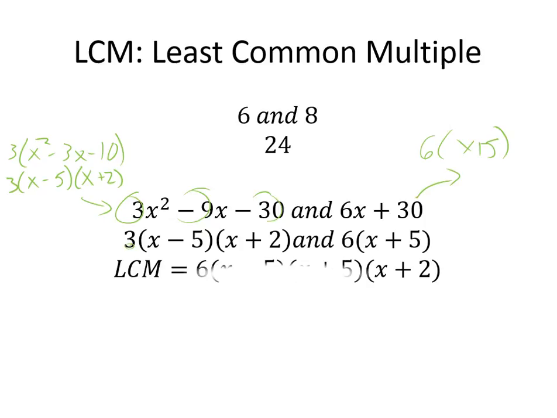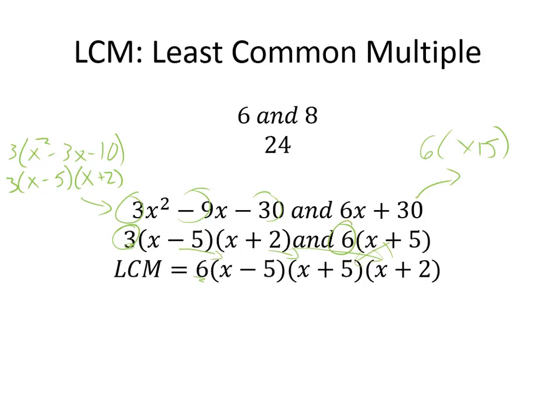In this case, the least common multiple of the two numbers 3 and 6 is 6, so that's why it goes here. And then we just put all the other parts. Now, if any of them repeated, we would only put them once, and we'll see an example of that.